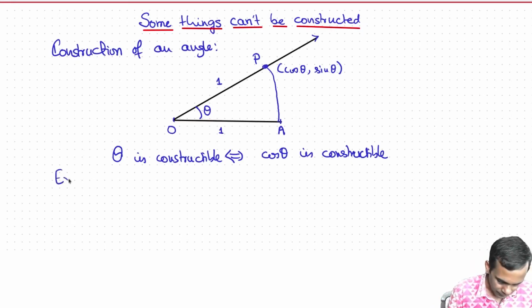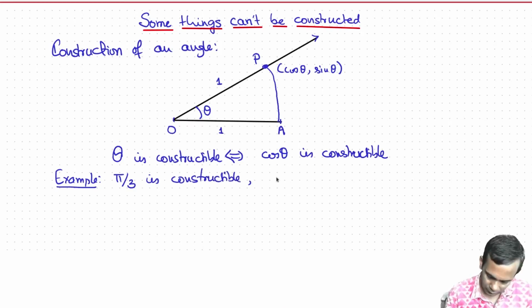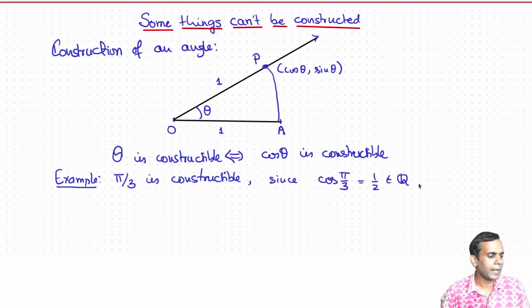So for example, the angle pi by 3 is constructible. Why? Because cos pi by 3, which is 60 degrees, is just half, which belongs to Q, and every rational number is constructible.